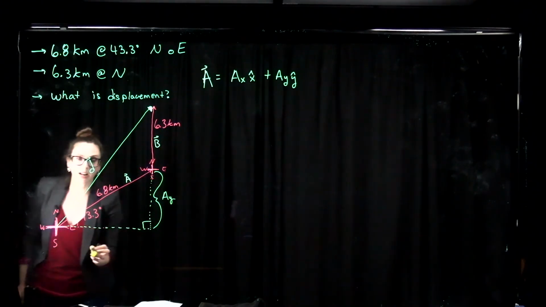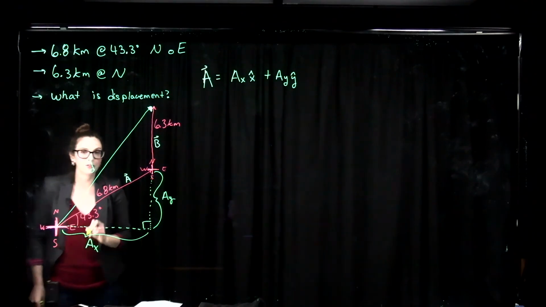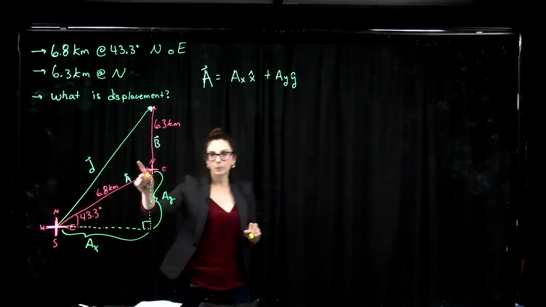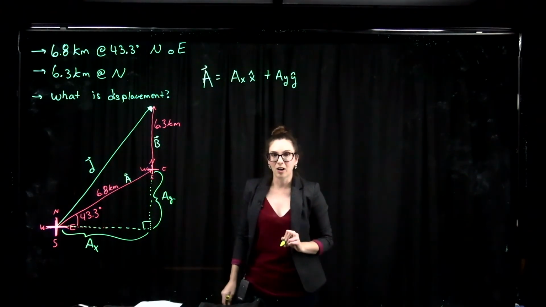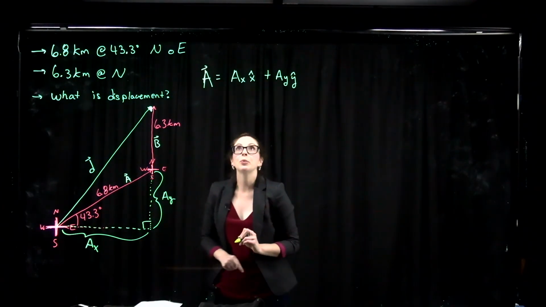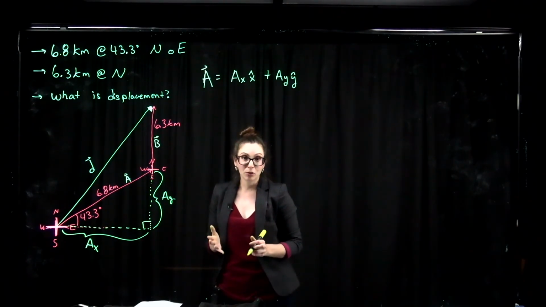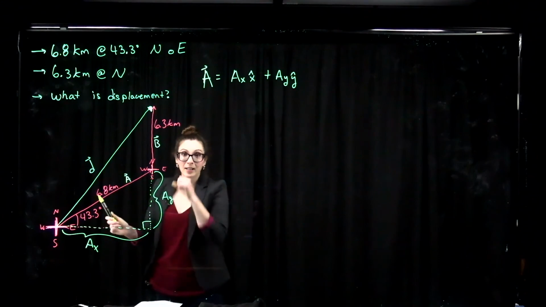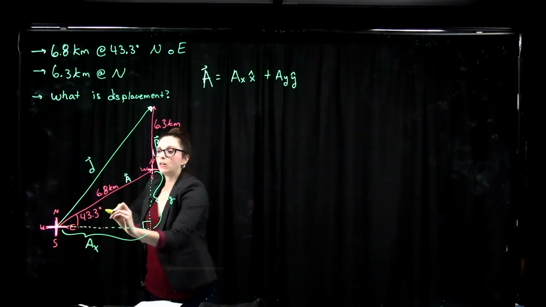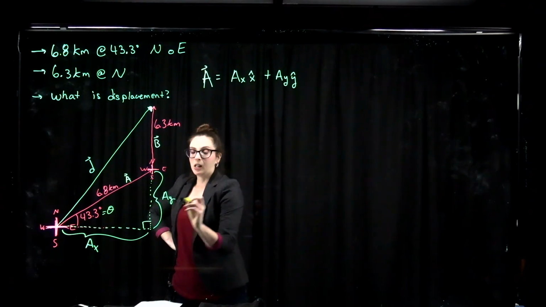This leg of this triangle is the X component of my vector A here. So we know that this angle is 43.3 degrees. We're going to invoke our trigonometric identities. So this is my angle. I'll call this angle theta.